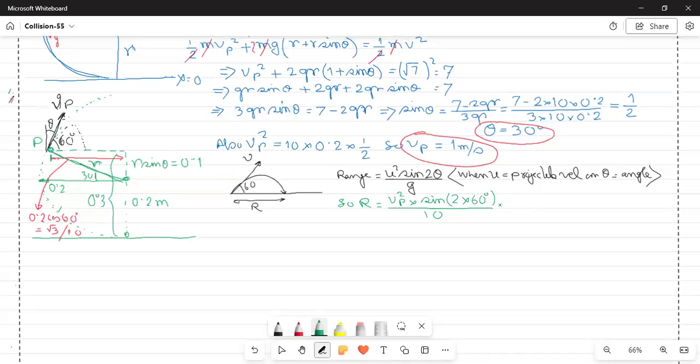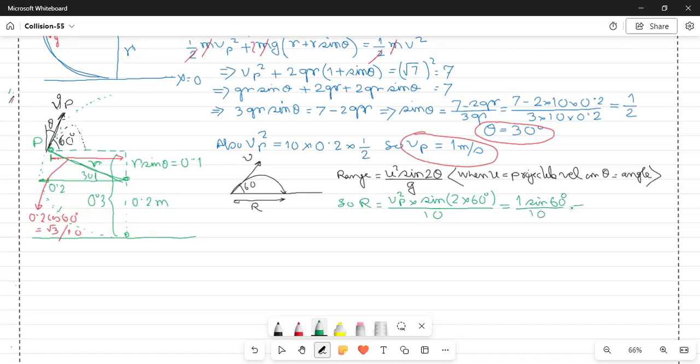This is equal to Vp square, Vp is 1, so Vp square is 1, and sine of 120 degree is sine 60 degree, root 3 by 2, divided by 10.